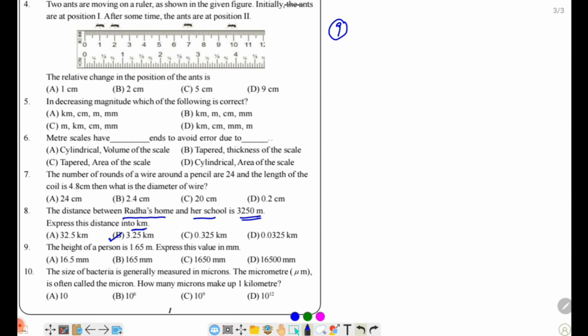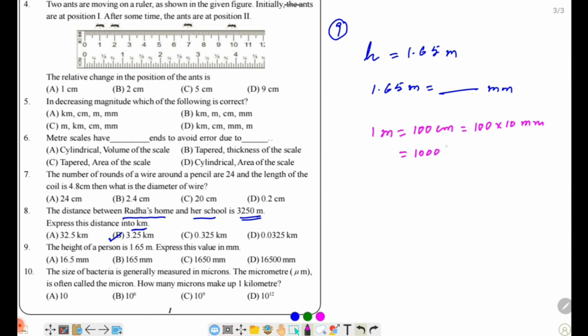The height of a person, let us take h, is equal to 1.65 meters. Express this value in millimeters. So 1.65 meters is equal to dash millimeters. We know that 1 meter is 100 centimeters, which can be written as 100 into 1 centimeter is 10 millimeter. So 1 meter is 1000 millimeters.